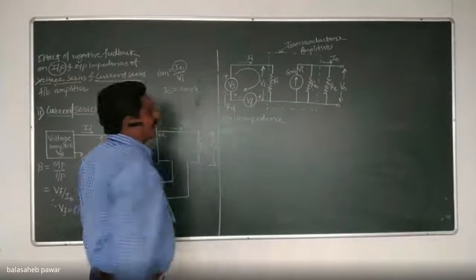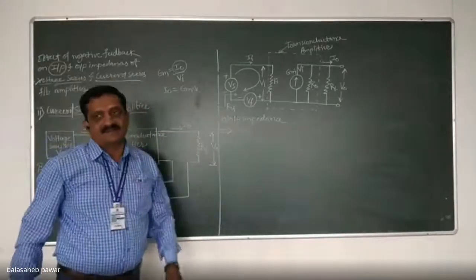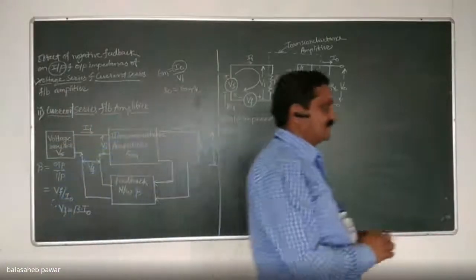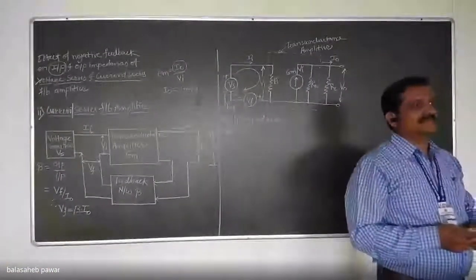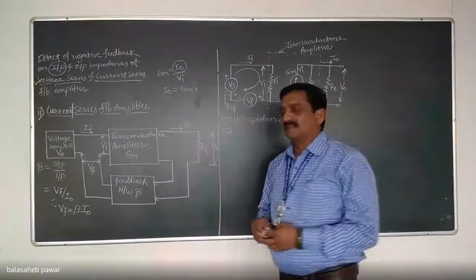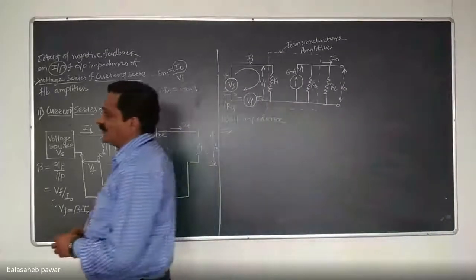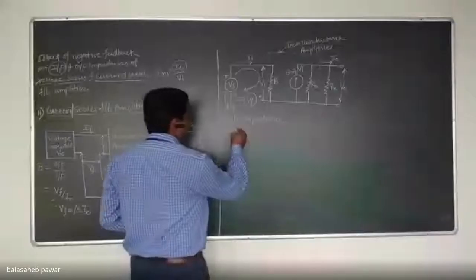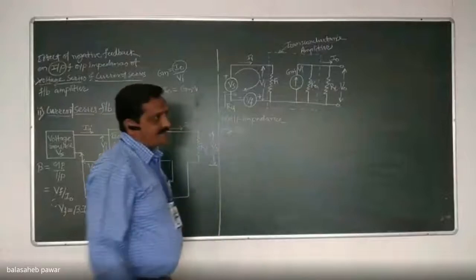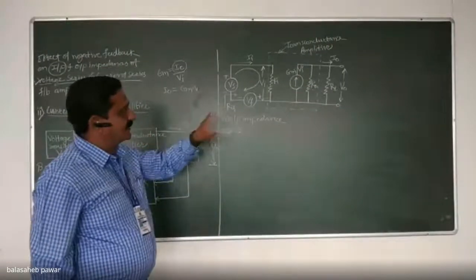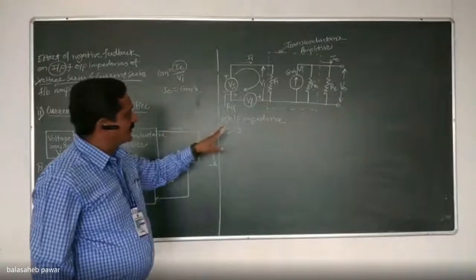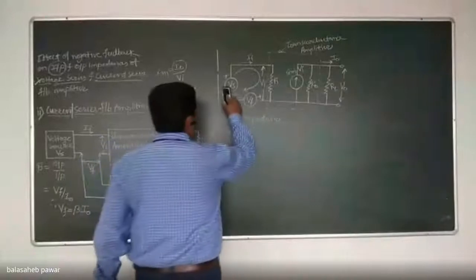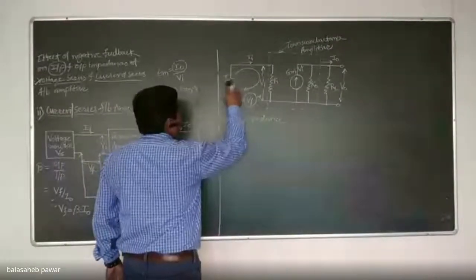Now, requirements while determining the output impedance. Yesterday, you might have noted it. To determine the output impedance, the first point is: consider the input signal source as 0. What is the input signal source in today's topology? Again, Vs. So make it 0. First of all, draw the equivalent circuit to measure the output impedance.